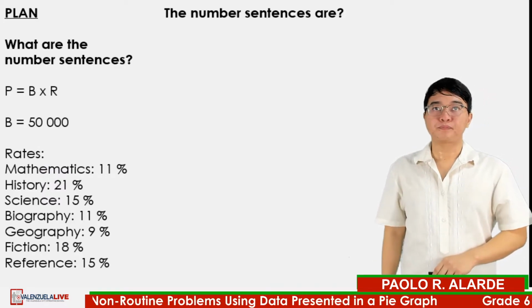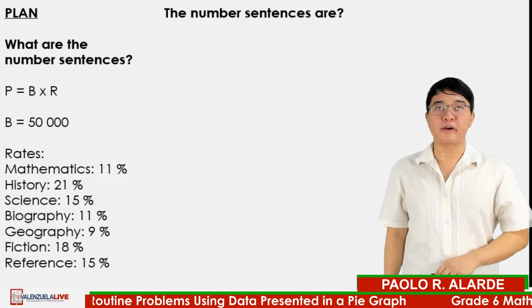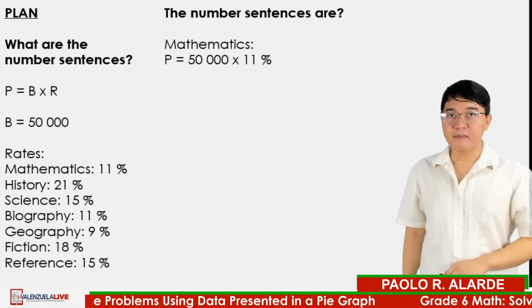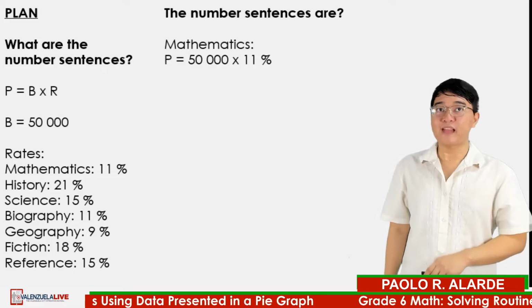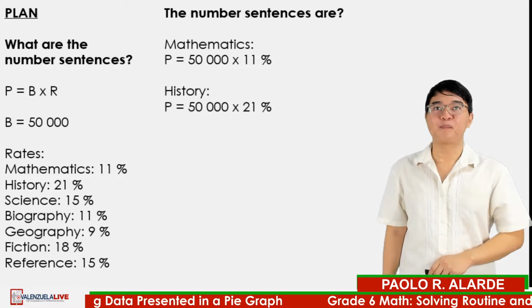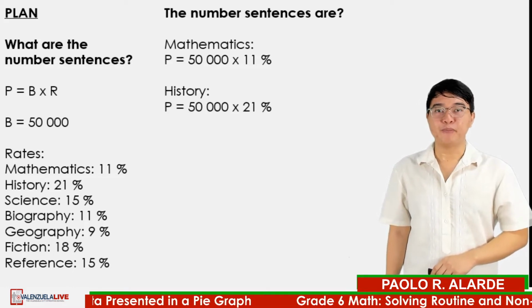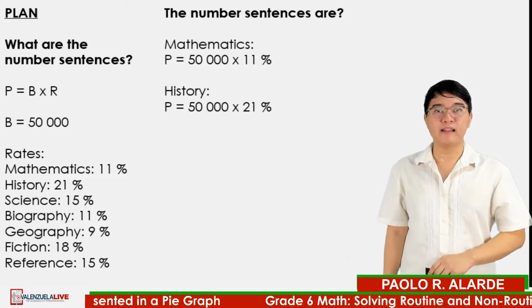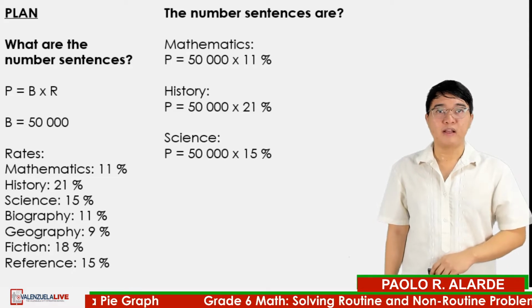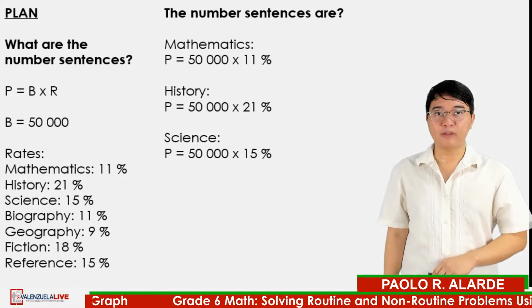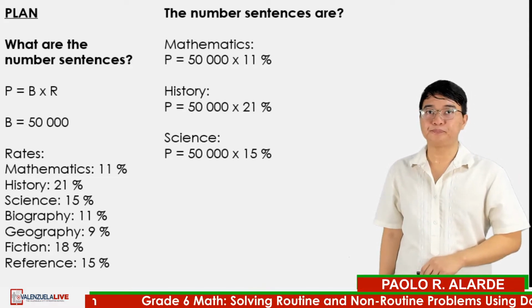Now, the number sentences are, for mathematics, that would be P equals 50,000 times 11%. For history, P equals 50,000 times 21%. For science, P equals 50,000 times 15%.